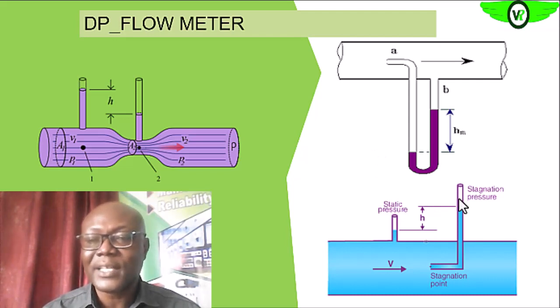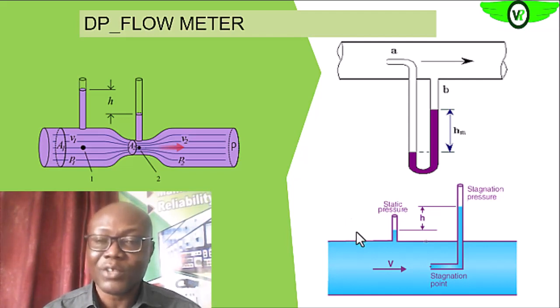Like in the case of the orifice meter, as the flow velocity is increasing, which is the flow rate, the differential pressure will also be increasing. The static pressure will remain constant, and since the flow velocity does not have much effect on the static pressure, the dynamic pressure will be getting up.